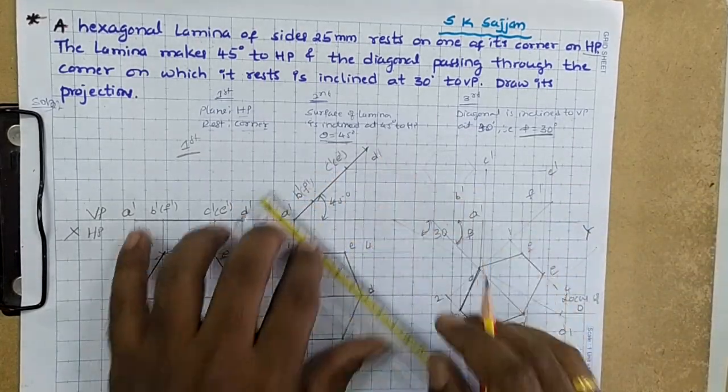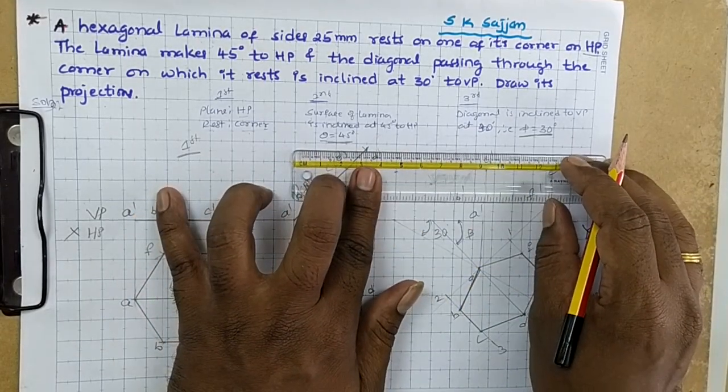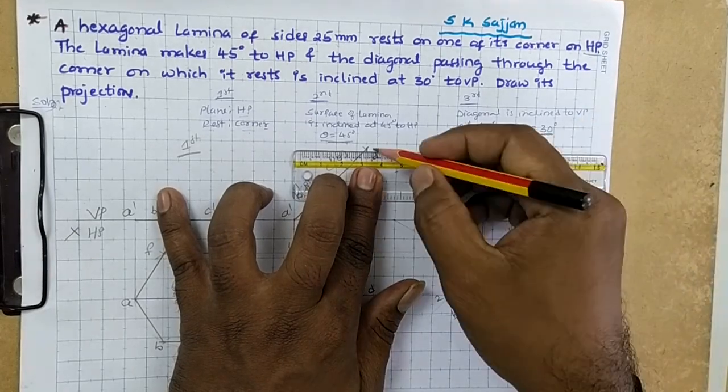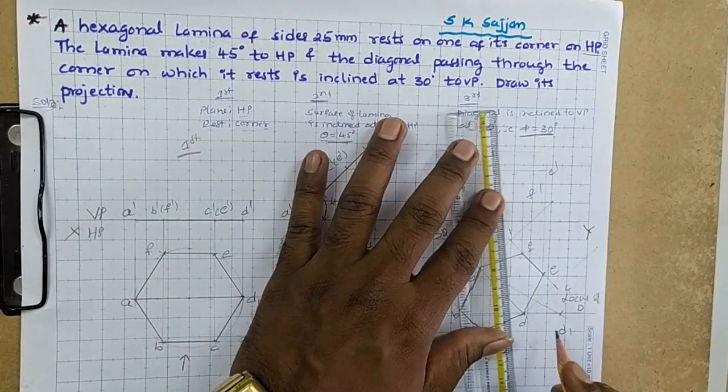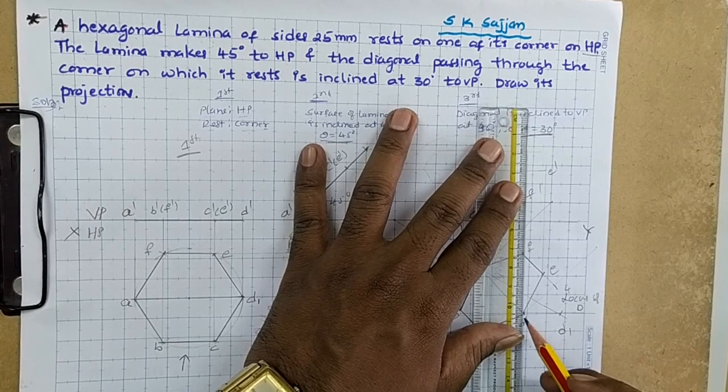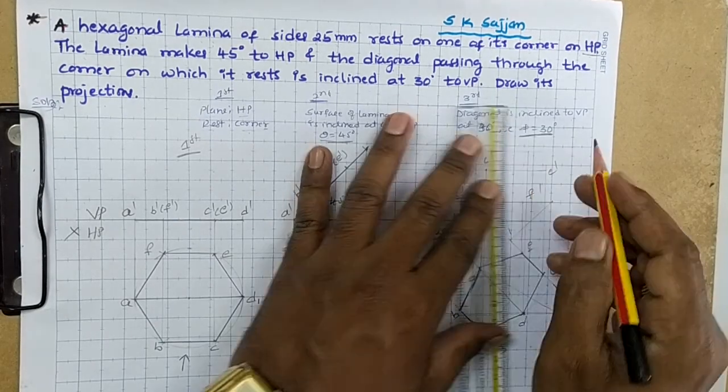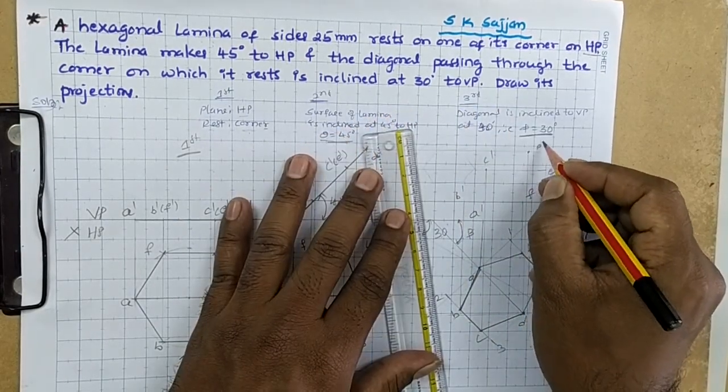Now the D horizontal line and D vertical line, D dash.